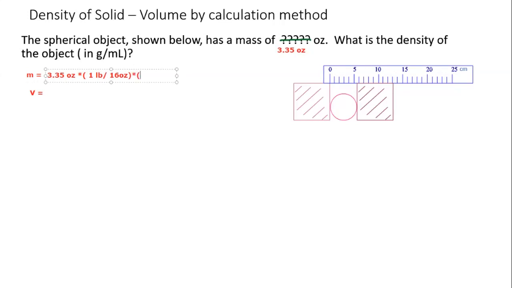And then we know that there's 453.6 grams in 1 pound. Let's do that again. So 3.35 ounces, we divide by 16 because there's 16 ounces in a pound, and then we multiply by 453.6 grams in 1 pound.